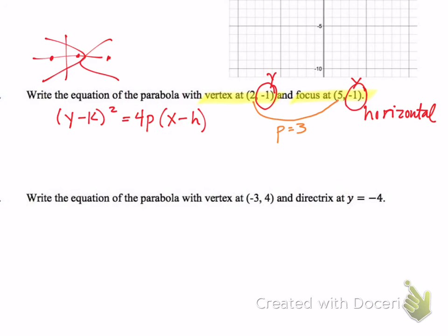So I can now fill in h, k, and p, then simplify and I'll be done. So y minus k, so plus 1, squared equals 4 times 3 times (x - 2).